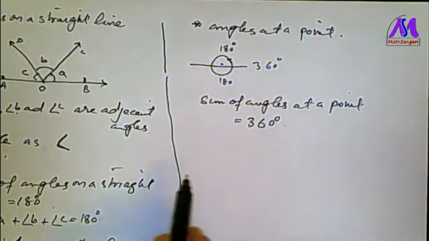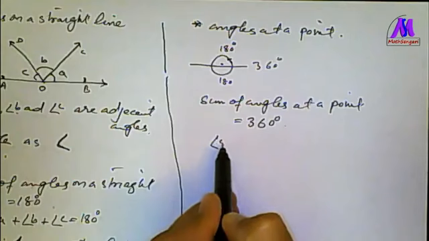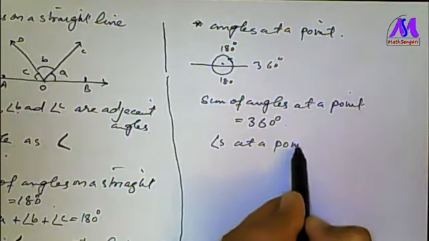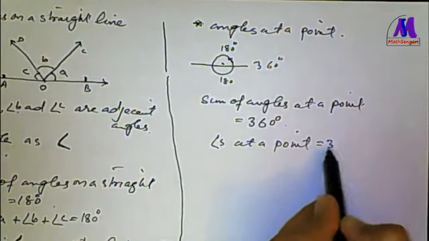And mathematically we can define it: angles at a point will be equal to 360 degrees.